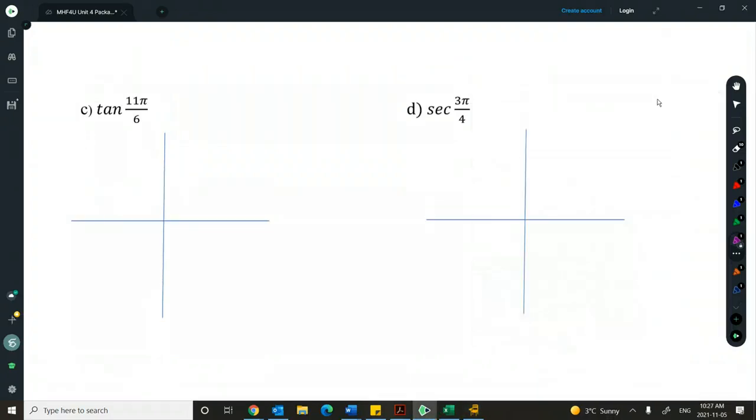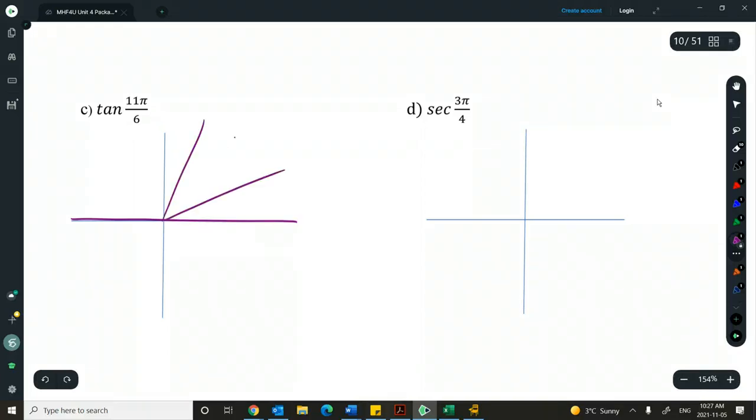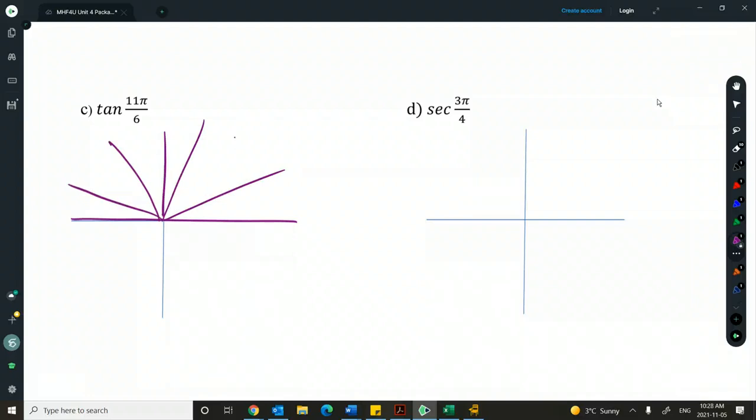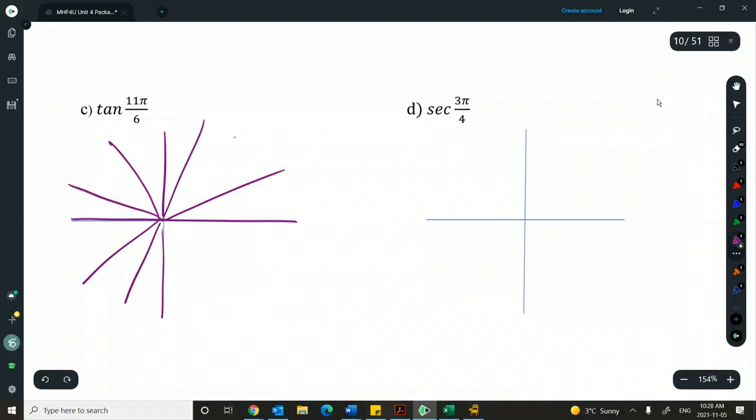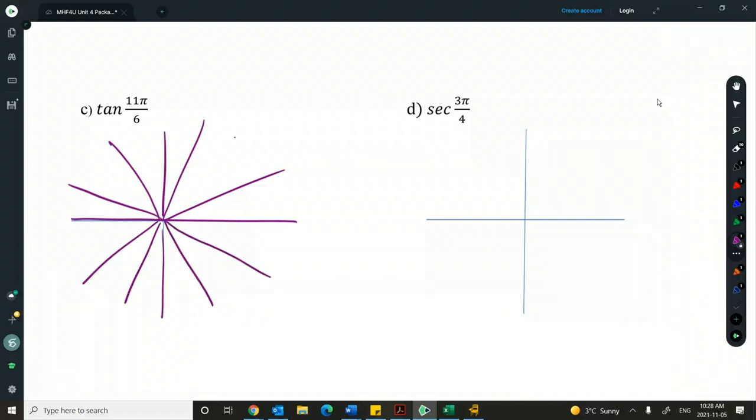All right, so when I see a pi over 6 reference angle or a pi over 3 reference angle, those come from counting pi over 6s. So the easiest way that you can place this is split the top part up into 6 equal slices. So 1, 2, 3, 1, 2, 3, 6 slices on top, and same thing on the bottom, 6 slices on the bottom. Then count up to 11 pi over 6.